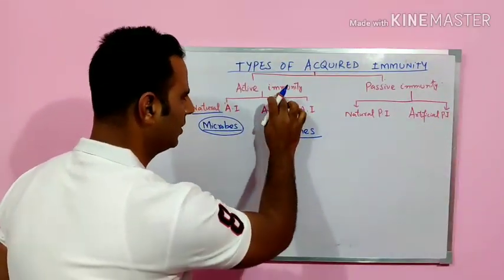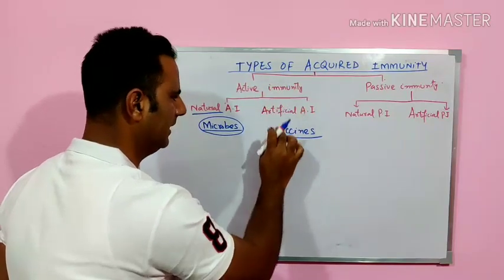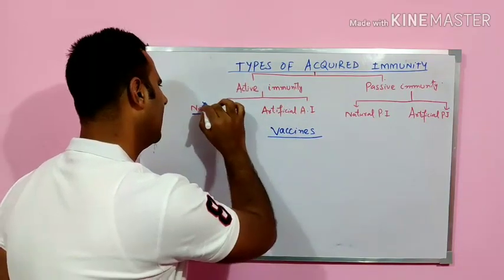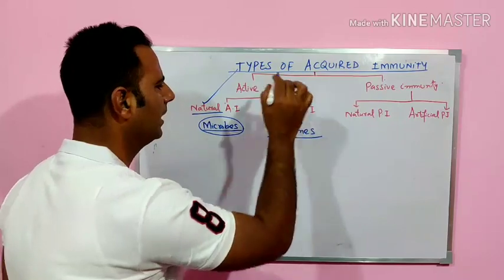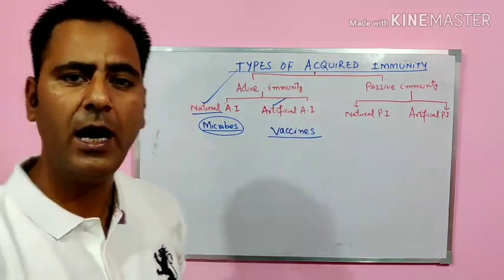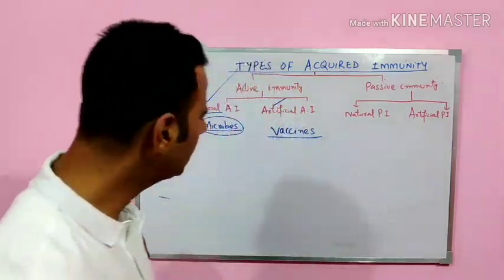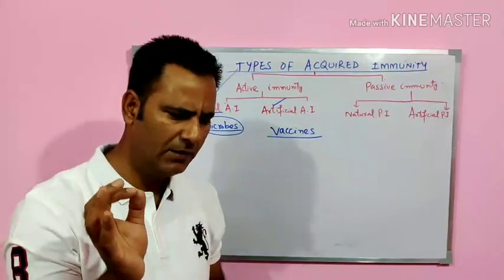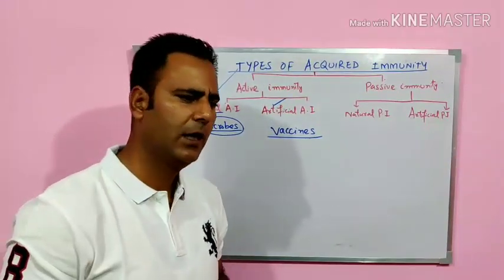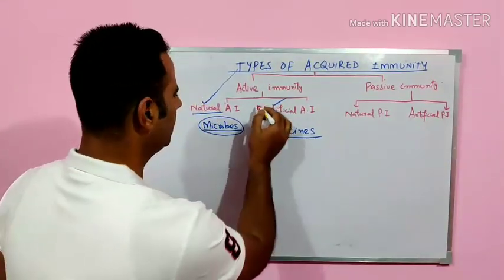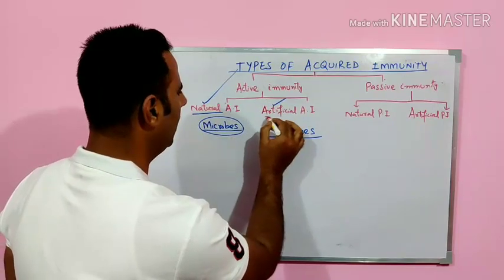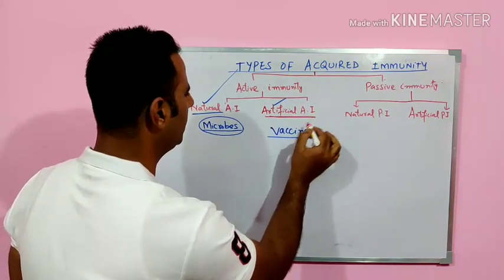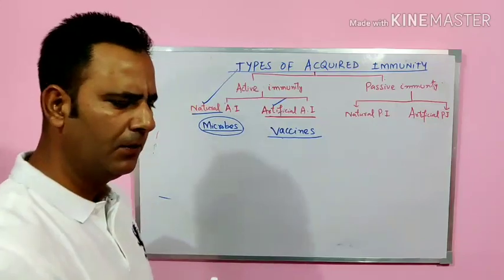Again, our immune system is activated in this stage also. Here it is naturally getting activated, but here it is activated artificially. Discussing these vaccines, I must tell you one thing. A pathogen, any pathogen, let's discuss this part. This is done: artificial active immunity and vaccines.